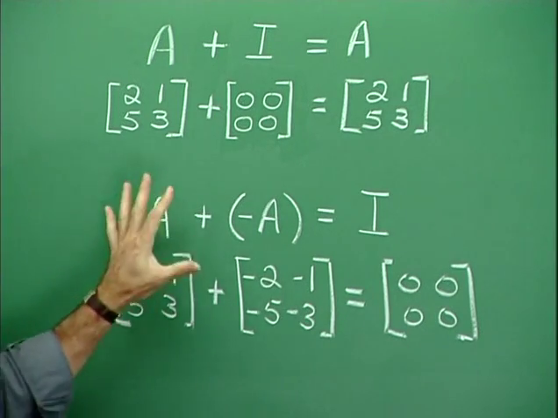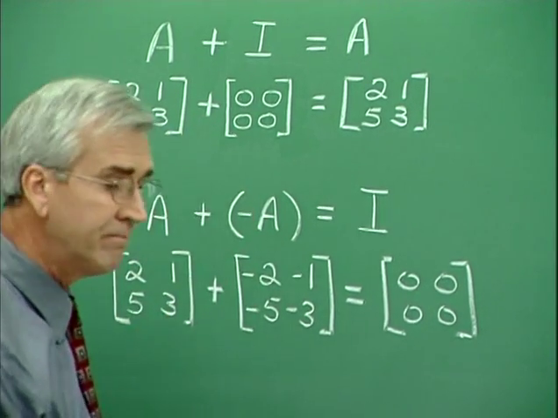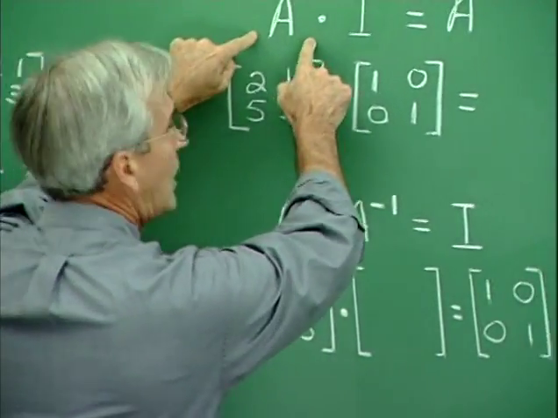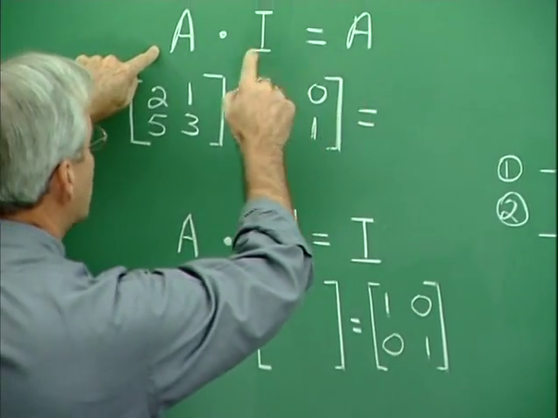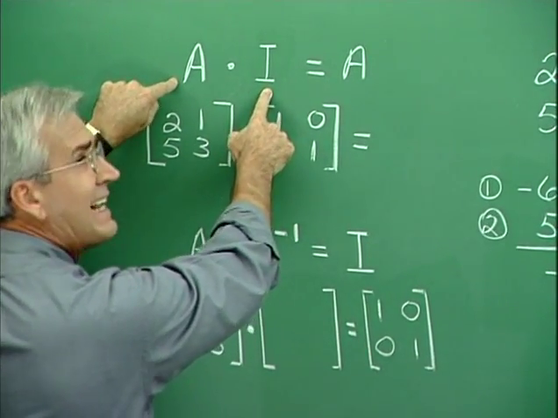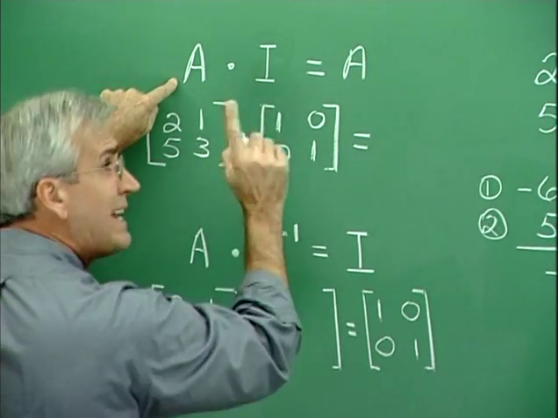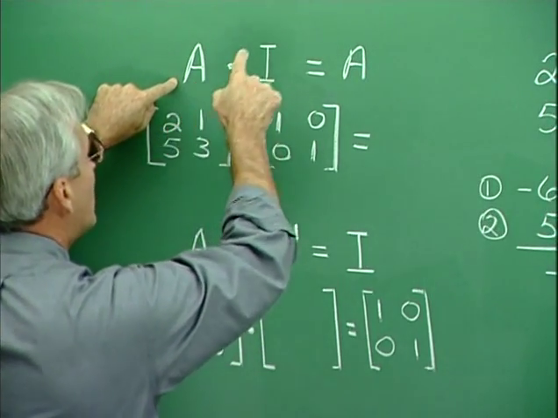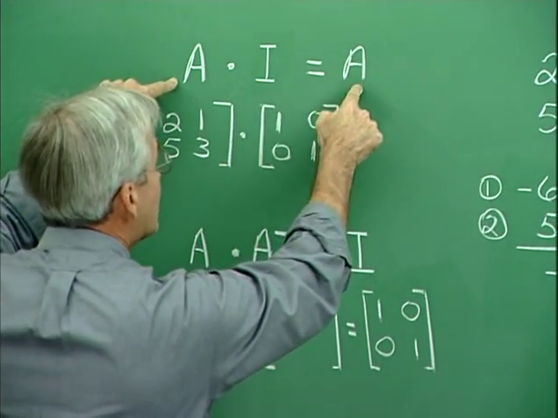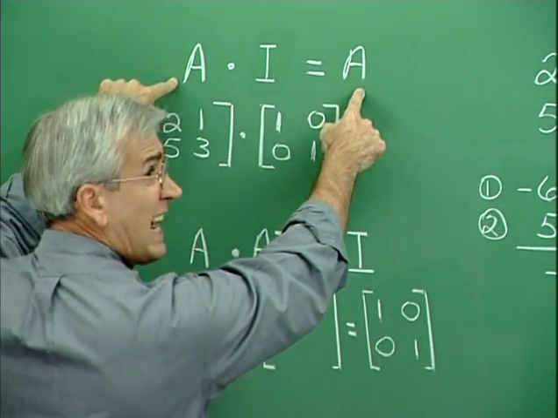Okay, so this is a very expected kind of thing. Now this is somewhat unexpected, perhaps. If we take A, now we're talking in the multiplication world at this point. Let's talk about a multiplicative identity element, which means that we want to take a matrix and multiply times an identity matrix and get the matrix that we started with. See, this is the idea.